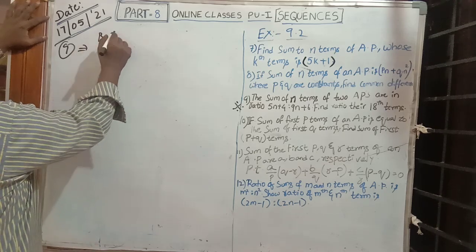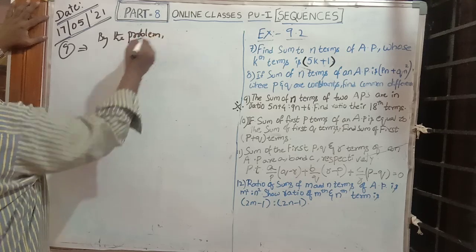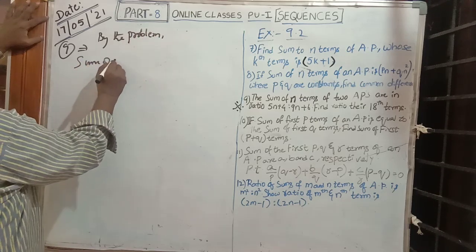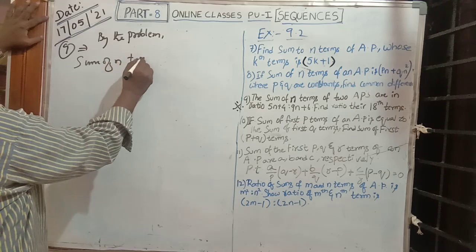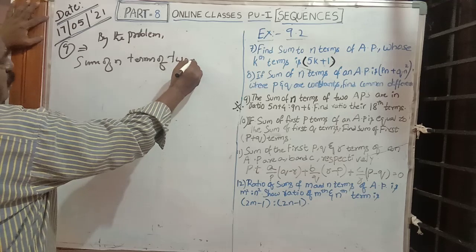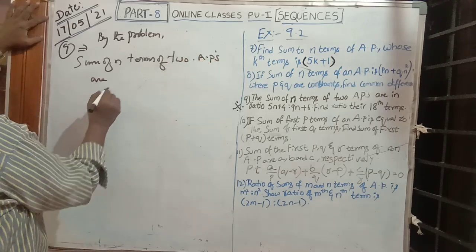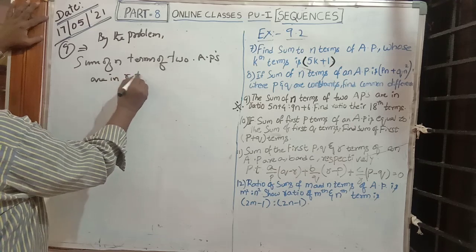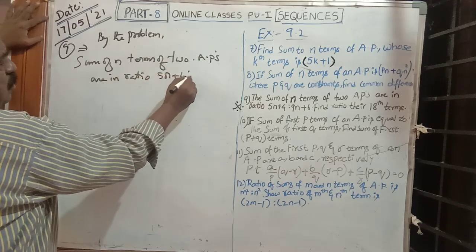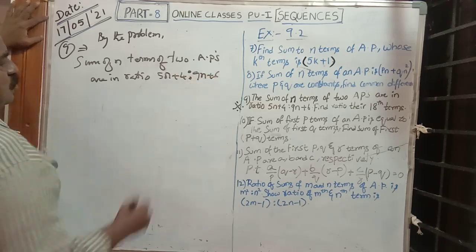What is the problem? The sum of n terms of two different APs are in the ratio 5n plus 4 is to 9n plus 6.